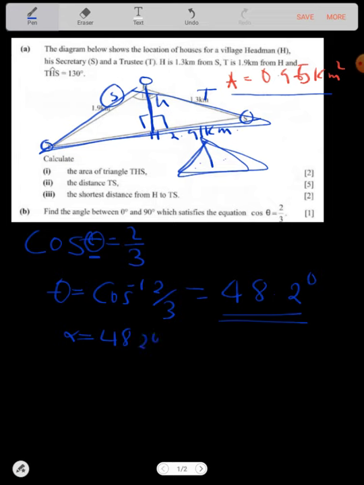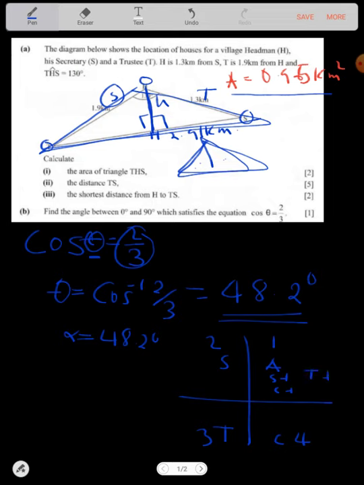Now the question is, when you look at cos here, this is positive. So you go to the quadrants. We have the first quadrant, the second, the third, and the fourth. In the first quadrant, you have this: All Students Take Coffee. All the ratios are positive. So sine is positive, cos is positive, tan is also positive.